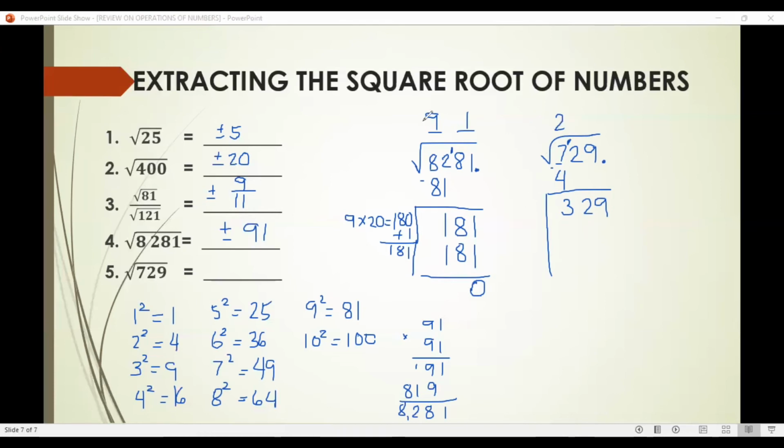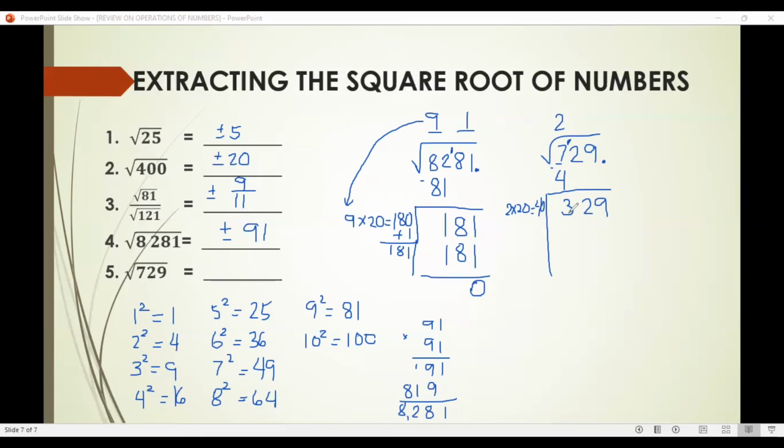So we have to get the 2. A while ago it was 9 that was multiplied by 20. This time it will be 2. So we get 2, multiply that by the constant 20, and we are getting 40. So this simply means that we now have 40 as our partial divisor.